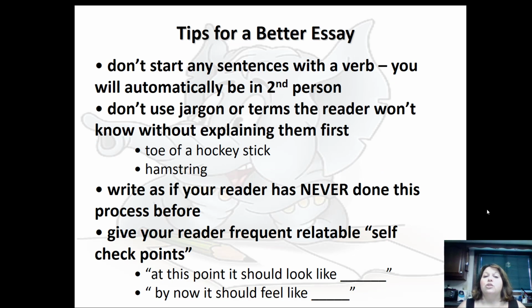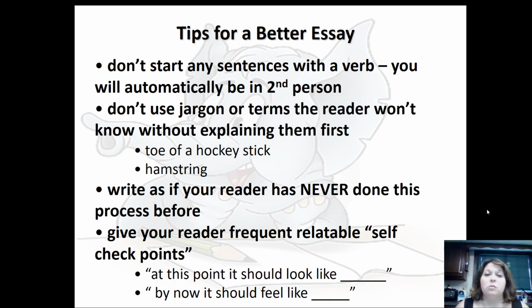So here are some suggestions for a better step-by-step how-to process essay. This has to be left in third person because remember, all professional writing is in third person. So we don't want any "you" in this because that would automatically be second person.